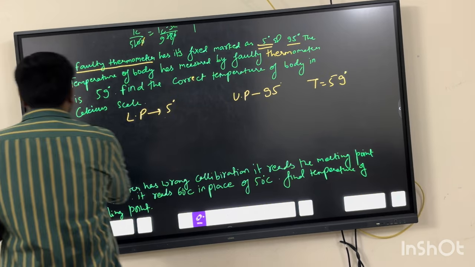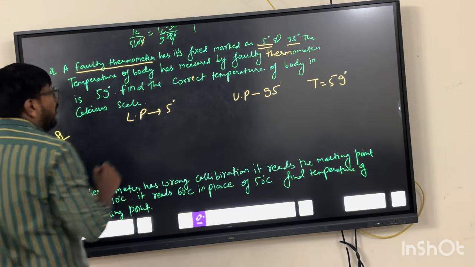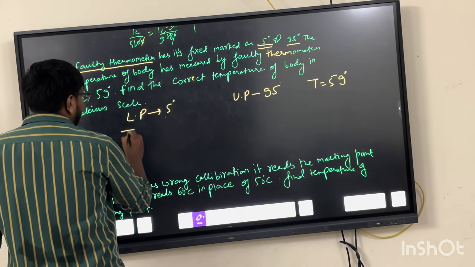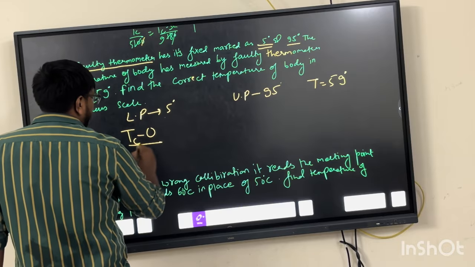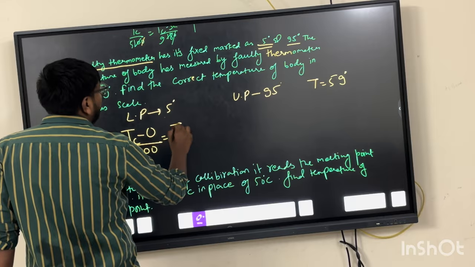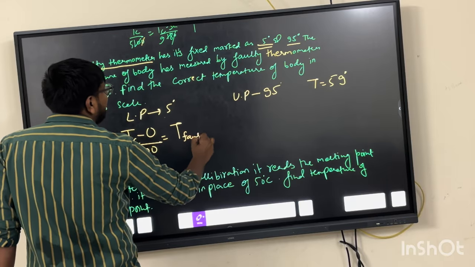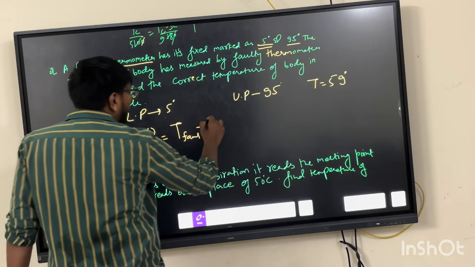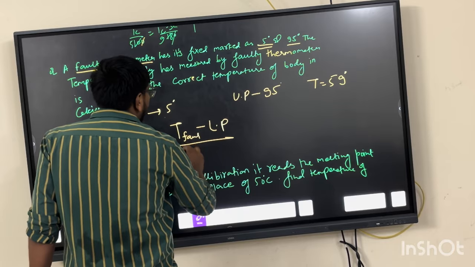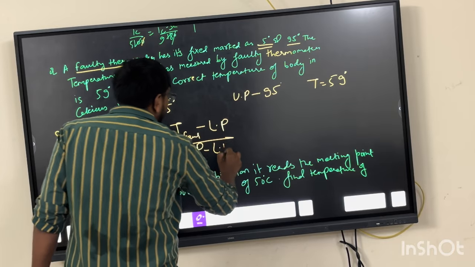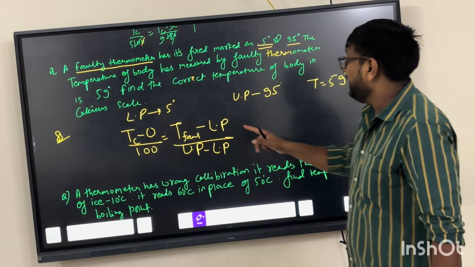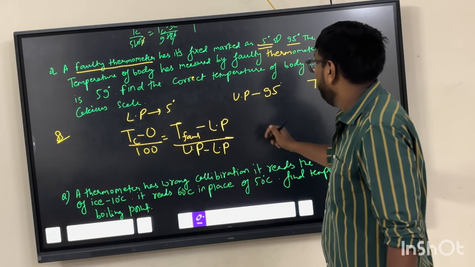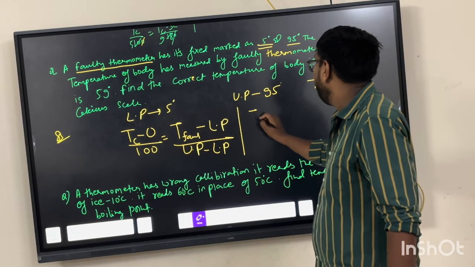The temperature relation is: (Tc minus 0) by 100 equals (T faulty minus lower point) divided by (upper point minus lower point). Correct or not? Now we need to find Tc.